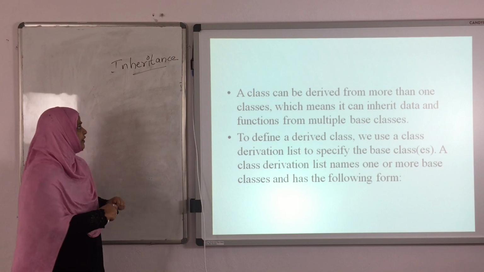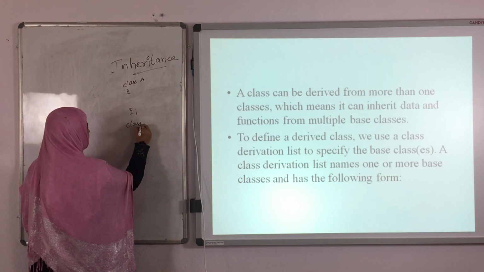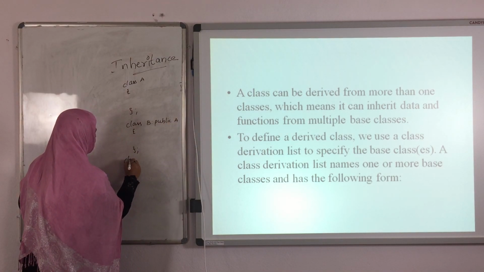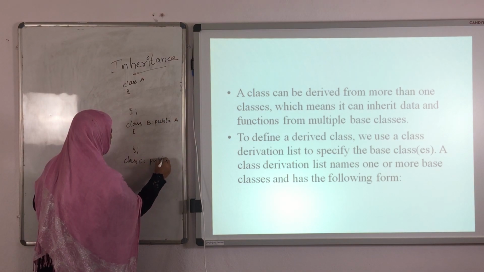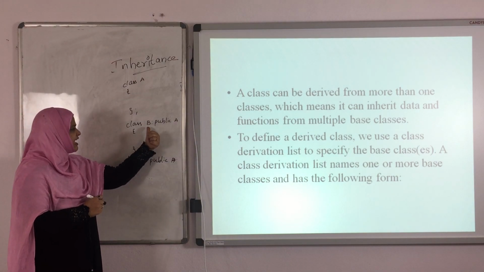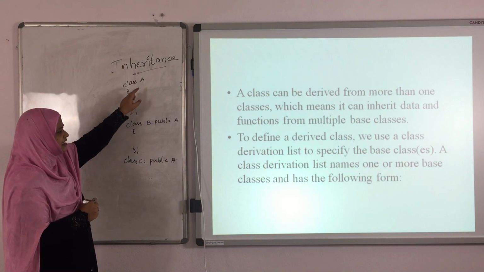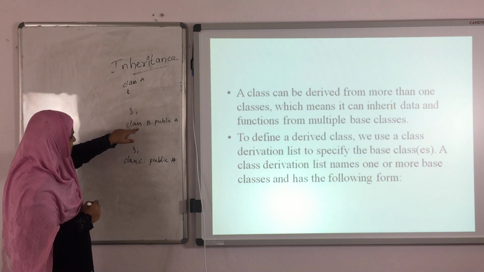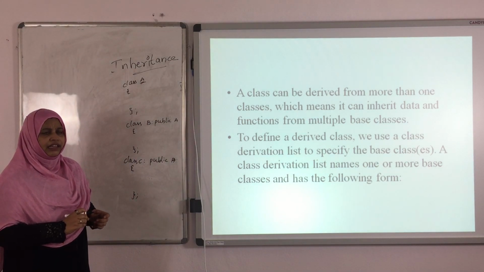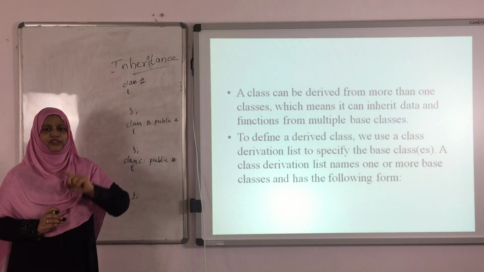For example, here a class A is there. Class B, public A, class C, public A. Here class A is the superclass for class B and class C. A single class can be the source for derivation: class B and class C both can be derived from a single class, that is A. Here for class B and class C, we have only a single superclass.